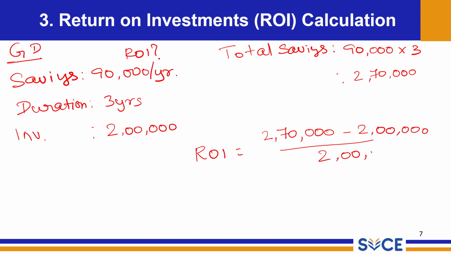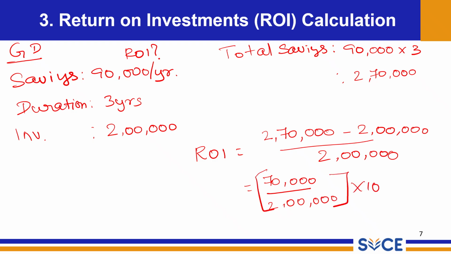So we can directly get 70,000 divided by 2 lakhs. Of course, here the 100 is omitted; I will add it below. We multiply this value by 100 so that we get the answer in terms of percentage. When you solve this, here 4 zeros and here 4 zeros cancel, so 7 by 20.